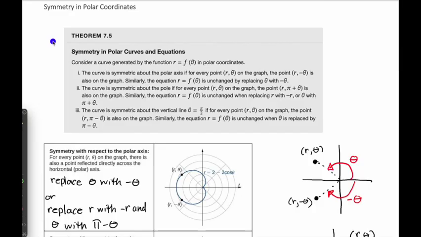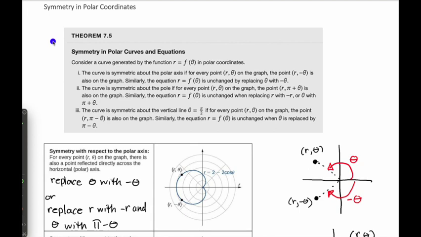Okay, in this last topic we're going to cover in this lesson, we're going to talk about symmetry. Previously, when we talked about symmetry of functions in rectangular coordinates, and symmetry with respect to the y-axis, we would think about if we plug in a negative x into the function and we get the same function back, then you have symmetry with respect to the y-axis, which means it's an even function.